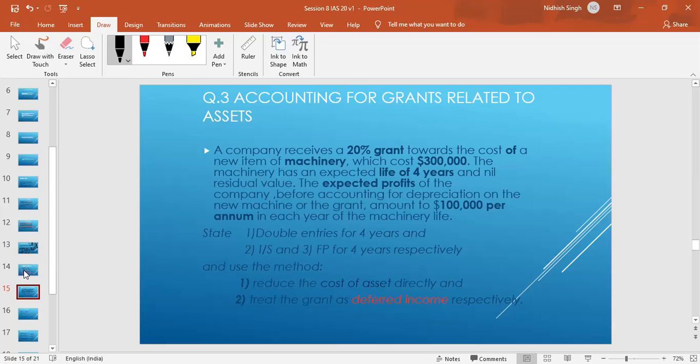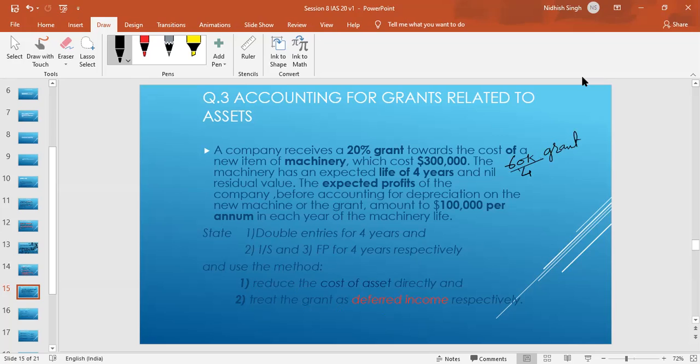So a 20% grant is received for 300 worth of machinery, right? What is that? 60,000. Yes, sir. Expected life is 4 years.